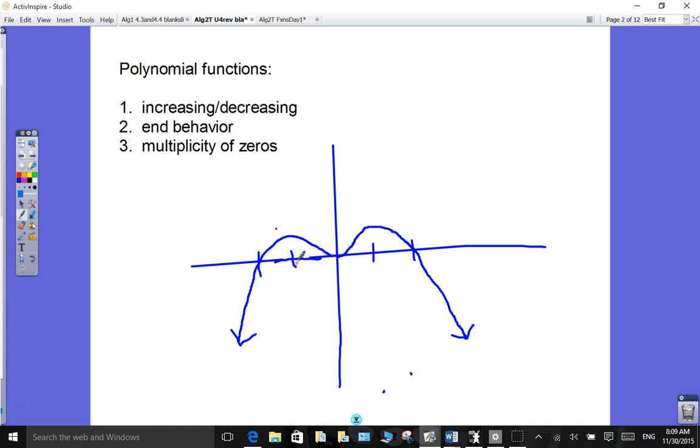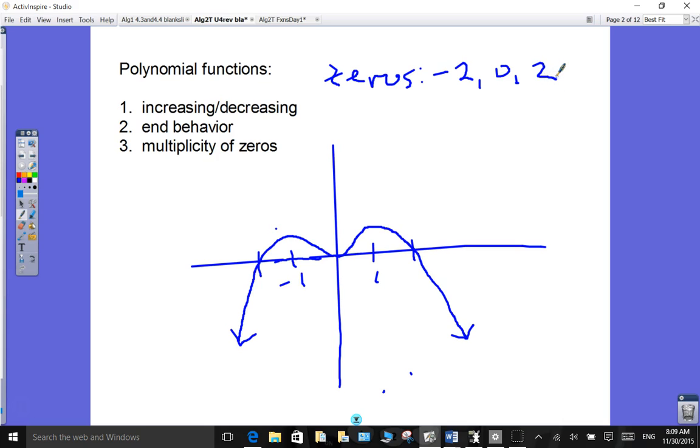Okay, so what are the zeros? Looking at that graph, what are the zeros? Yeah, -2, 0, and 2. So you should look for the x-intercepts: -2, 0, and 2.